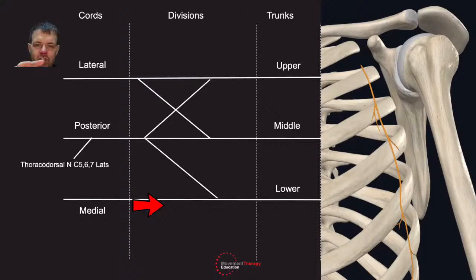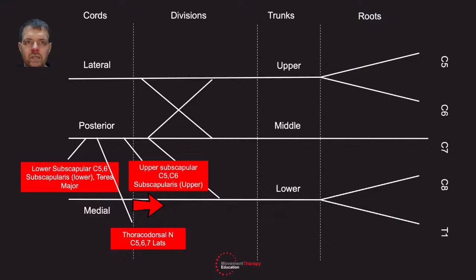So the best thing to do is to get hold of the nerve and then track it back as far as you can. And you go, right, yeah, that's coming off of that cord, so it must be this nerve. Sometimes it's a bit tricky because the nerves are quite close together. But yeah, if you can get clear pathways, then you can find exactly which one's which.